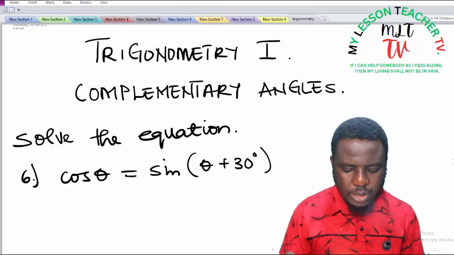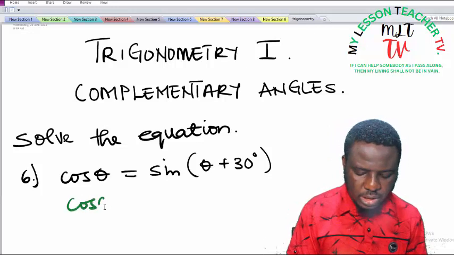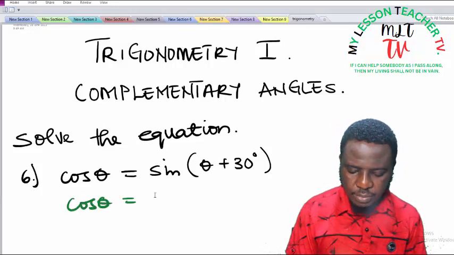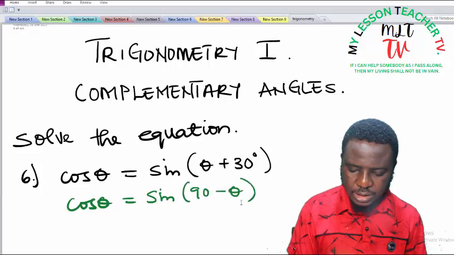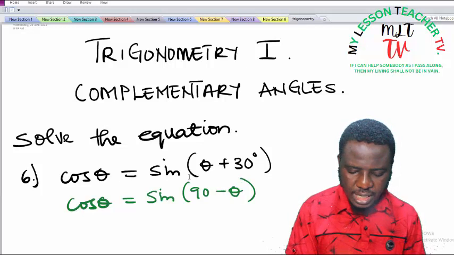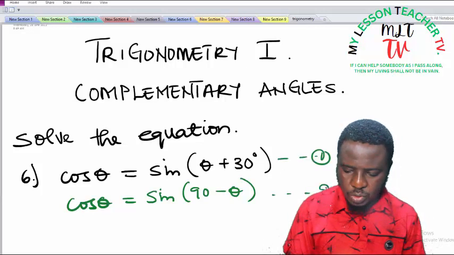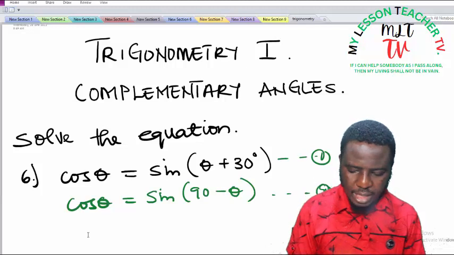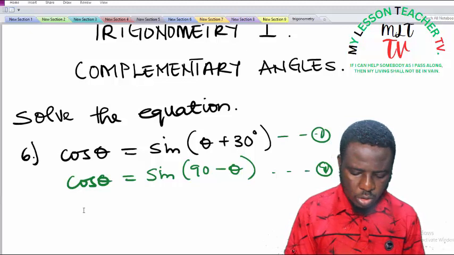So we still go with the idea we got from the complementary angle, that cos theta is equal to sine 90 minus theta. And if cos theta is equal to this in equation 1 and is also equal to this in equation 2, we can then equate equation 1 and 2 together.